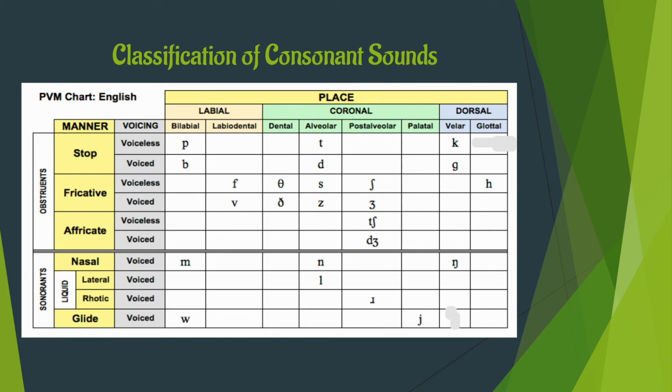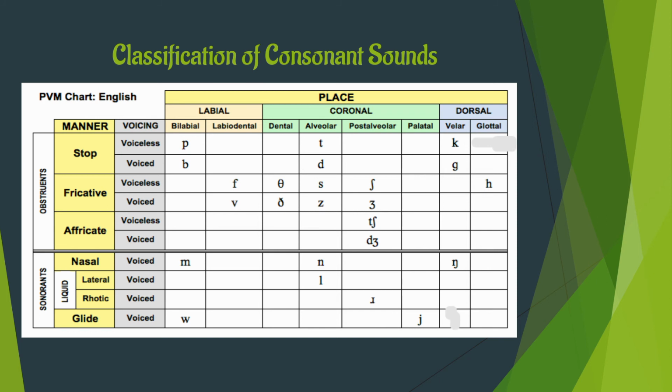So what is happening? Your back of the tongue is raised towards the soft palate. That's why it is post-alveolar. Now while producing this sound, vocal cords are not vibrating.